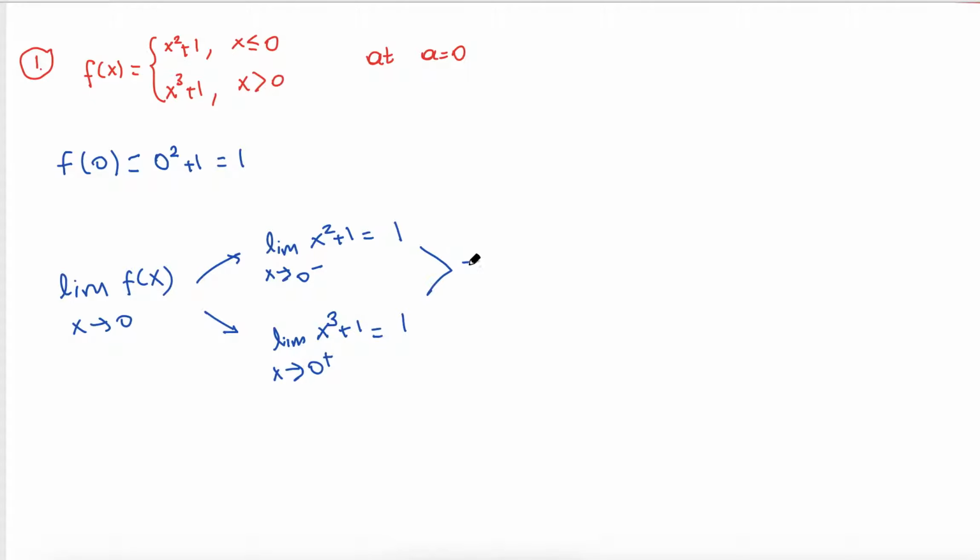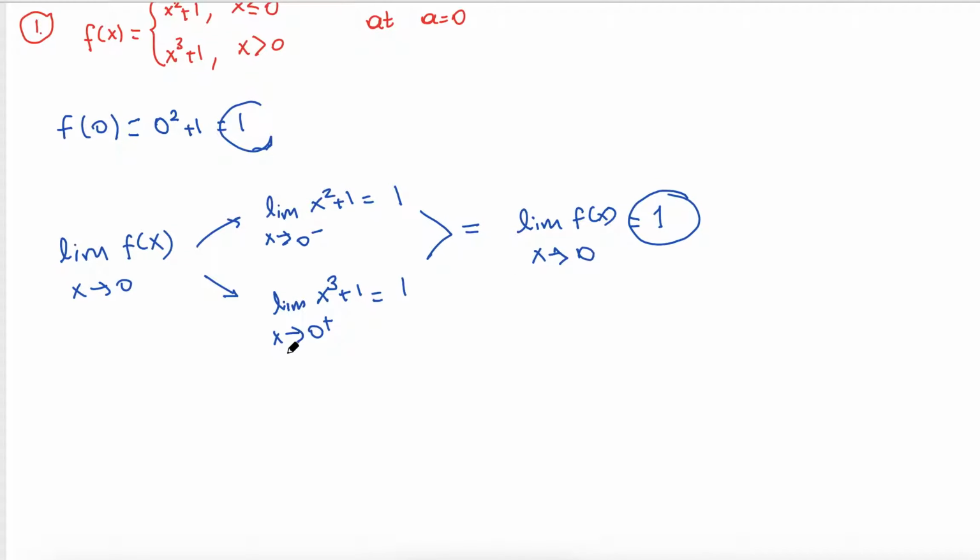Since these two limits are equal to each other, the limit of f of x as x approaches 0 is equal to 1. Now we have the same value for the limit and for the function. So we say that the function is continuous.